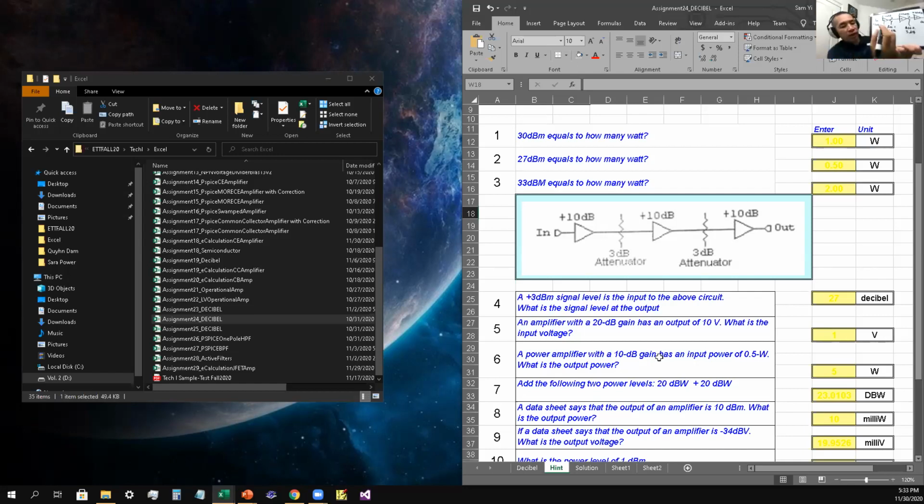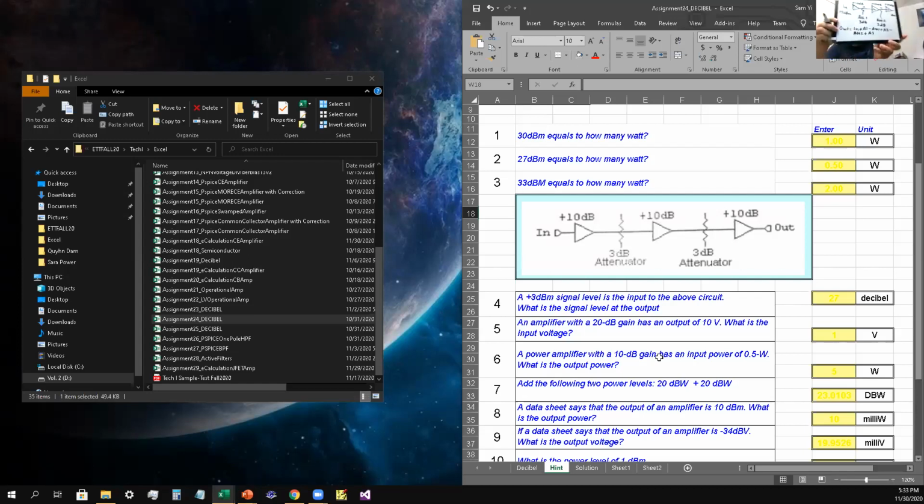So now what you want to do is, your out would be equal to your in plus your amp number 1, A1, minus your attenuation 1, plus your amplifier number 2 minus your attenuation number 2, plus your amplification of number 3, and that should be it.